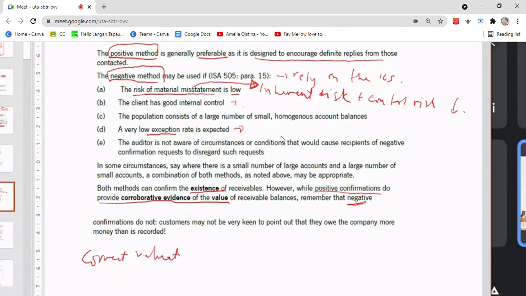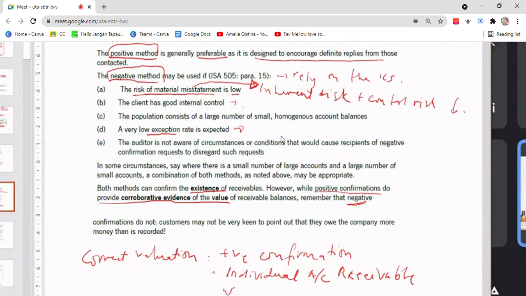Okay, because the valuation objective can also be achieved when you send a positive confirmation, because each individual account receivable will respond. But for the negative confirmation, it does not.